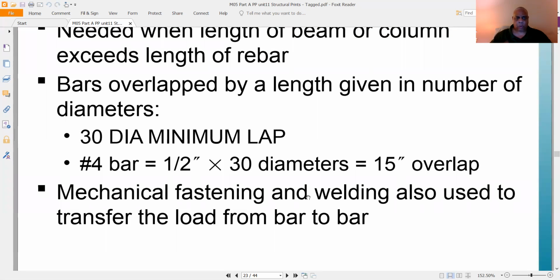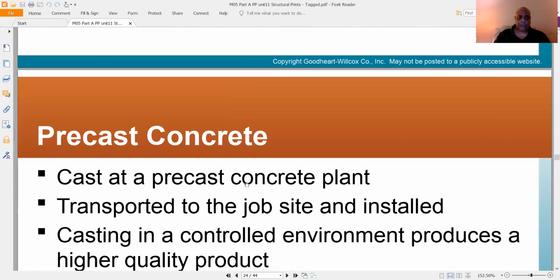And when it comes to rebar, you have to fasten it together. So how do they do that? They use mechanical fastening and welding, and that's to transfer load from bar to bar.